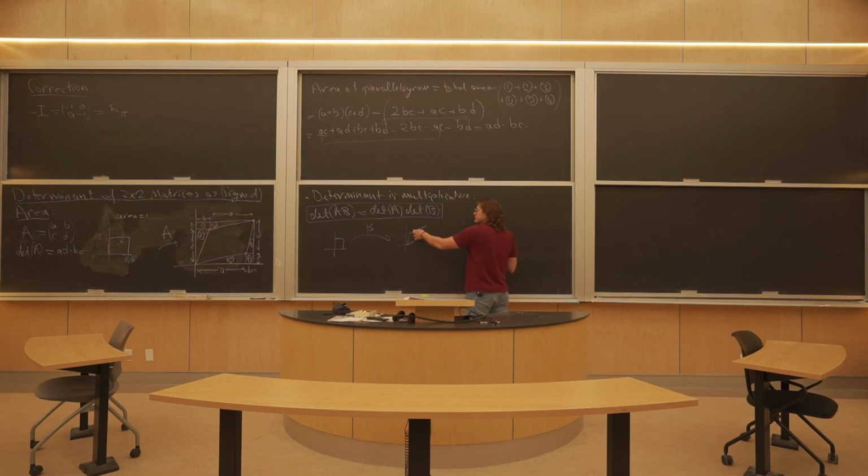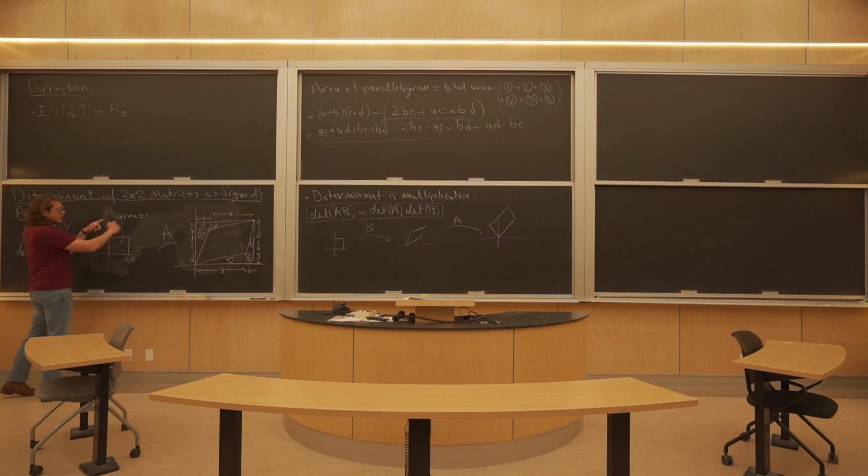And I know that the signed area of this is the determinant of B. And of course, I can take this even further using A and go to some other parallelogram. Now note that this number, the determinant, is not only the area of this parallelogram, but it's also how much A scales areas in general.